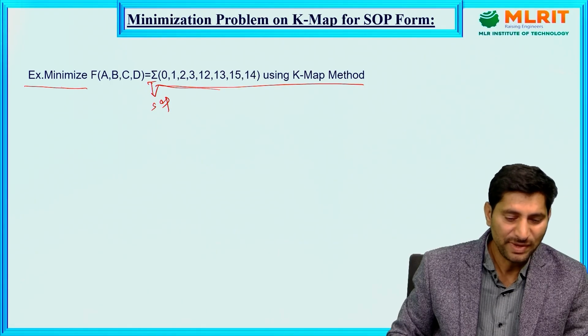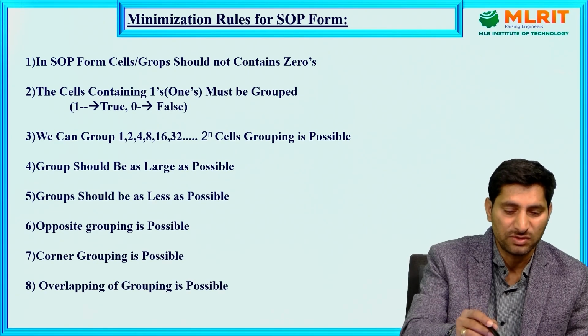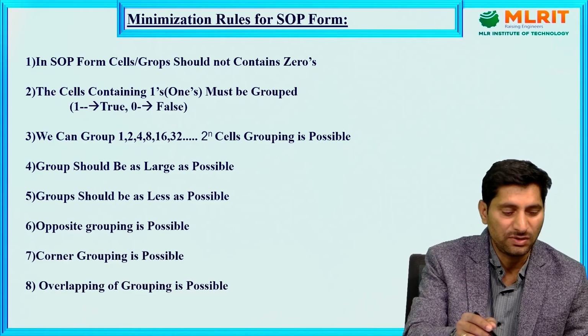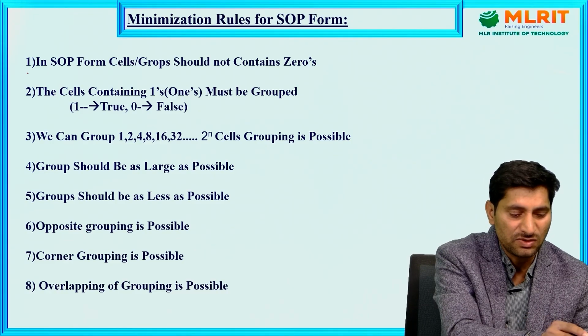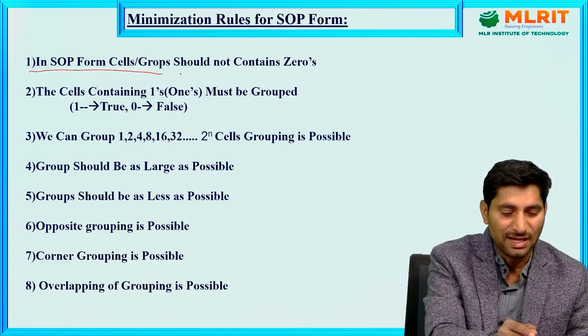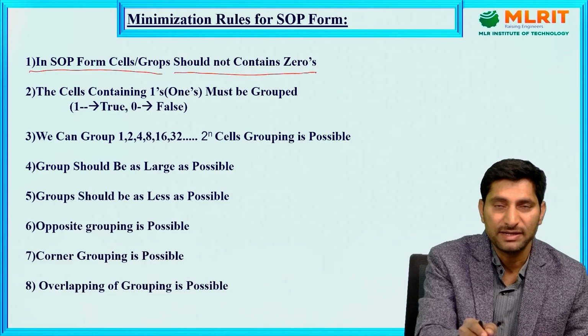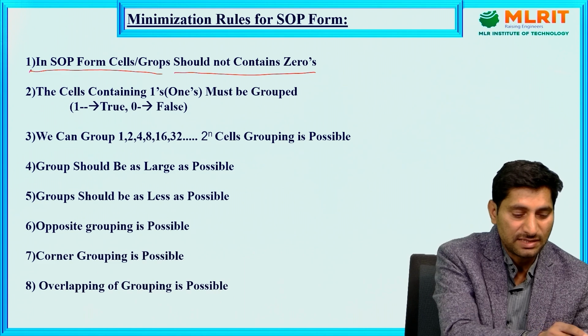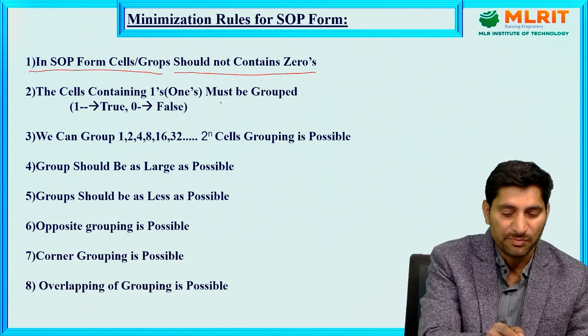If we want to minimize, we should follow certain rules for SOP form. Here we need to follow 8 rules. The first rule is, in SOP form, cells or groups should not contain zeros. The cells containing 1 must be grouped.